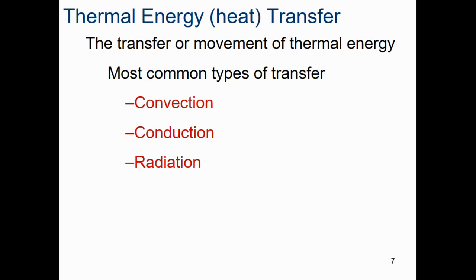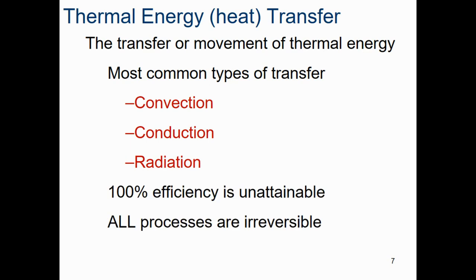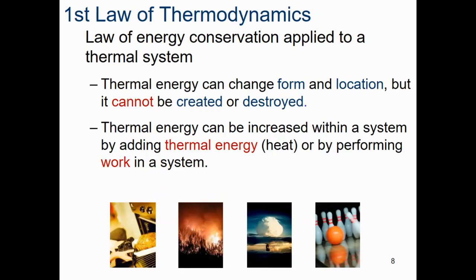This is also referred to as electromagnetic radiation, or EM radiation, one of the most common examples being the heat that's transferred from the sun to the earth. 100% efficiency of this transfer is just not attainable. We've talked about this before, and all of these processes are irreversible. All right, that leads us into our first law of thermodynamics.